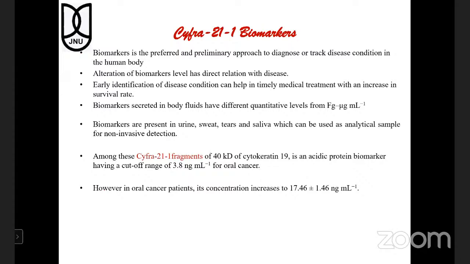First we chose the CYFRA 21-1 biomarker. Its concentration in oral cancer patients is 17.46, and in normal samples the cutoff value is 3.8 nanogram per ml. We did some experiments with this biomarker present in saliva, and we got very good results in the saliva sample as compared to the serum sample. So we selected the CYFRA 21-1 biomarker in the patient sample.